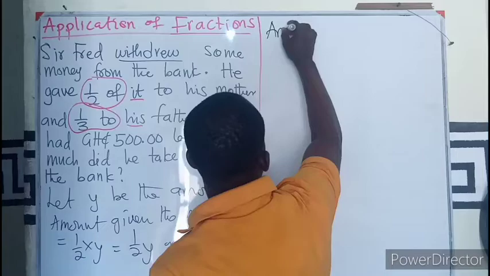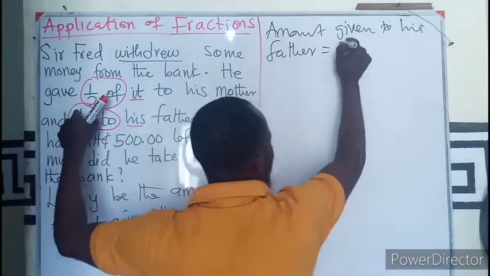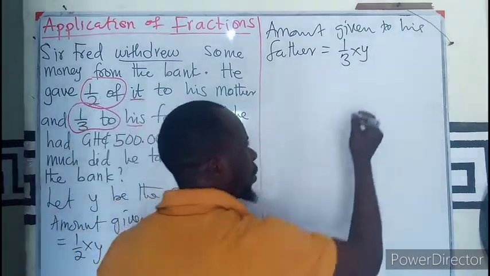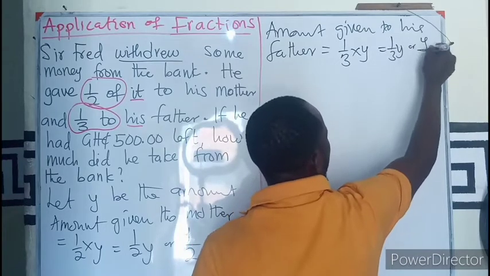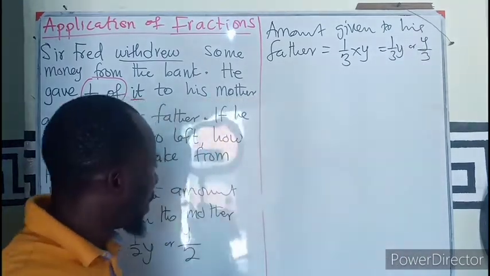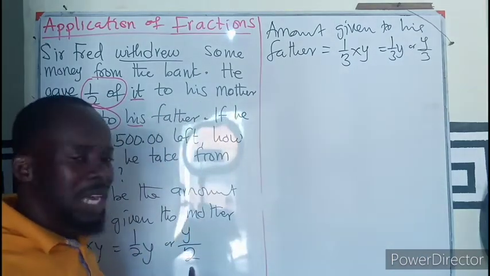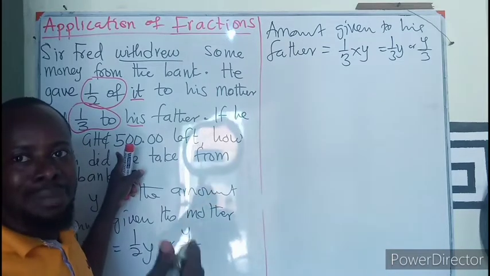So then the amount given to the father is also going to be 1/3 of the same amount. He gave 1/3 of the same amount, which could also be 1/3y or y over what? 3. And I know this is the amount given to the father, this is the amount given to the mother, and the remainder of the amount is 500. So how much have I taken?